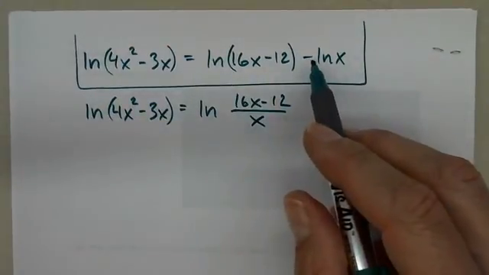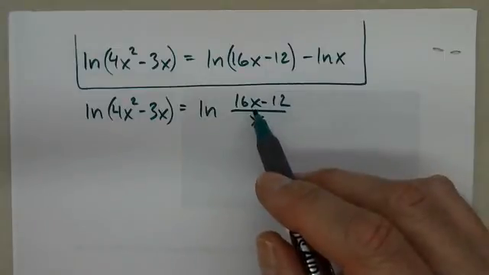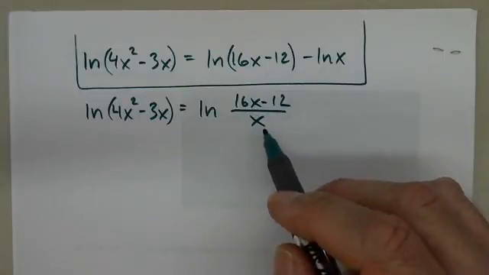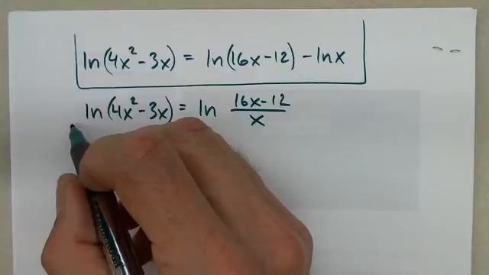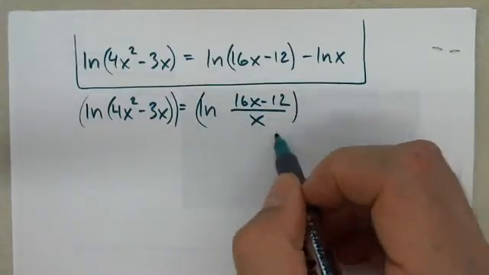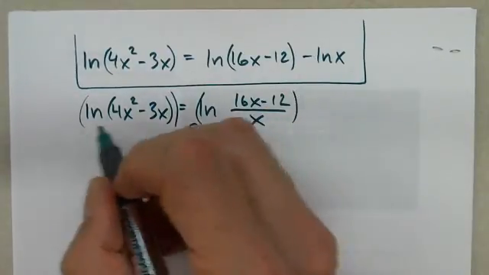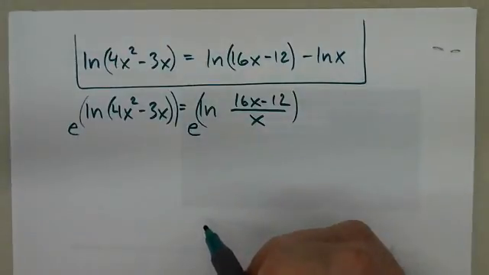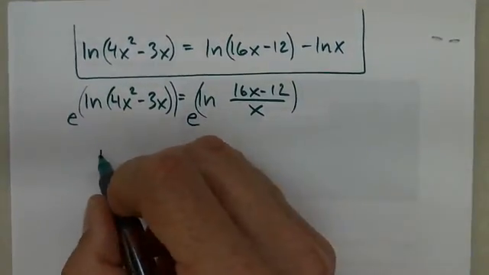The difference of logs, so we change it into a quotient, and then we'll have each side be the exponent of the base, and that'll cancel the natural log.